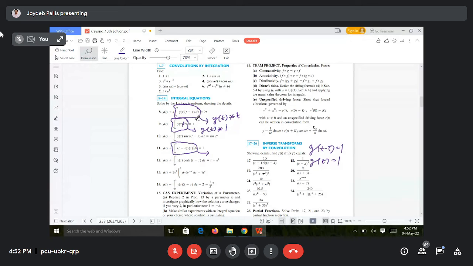I am saying that there is no difference between these two integrals, 8 and 11. Both are the same, just the position is altered. And in the last class I told you that f star g and g star f are both the same, so you can change the position.